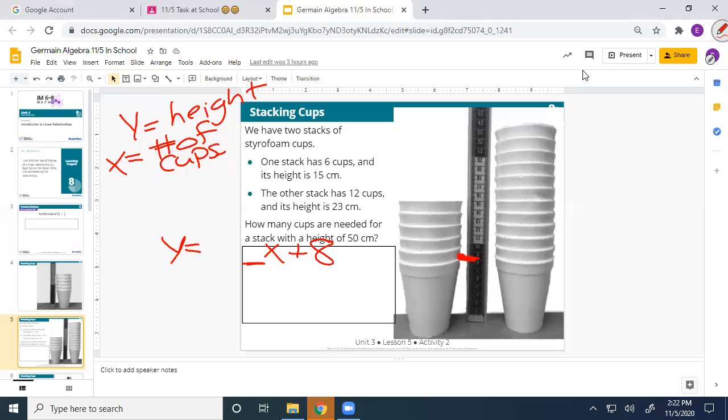How many centimeters does 1 cup add to the height? Jason. 2.5 centimeters. Let's take a look. So we start at 8, and then the next cup hits at not 2.5. It's not going to be 2.5, it's 1.5. So we're going to have to multiply the number of cups times the height that it adds of 1.5.